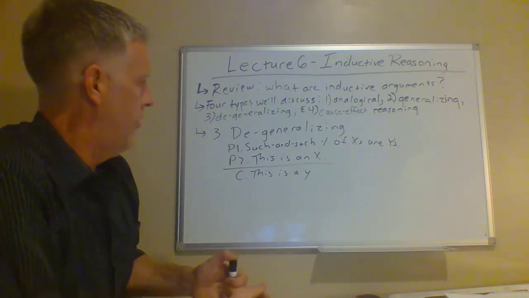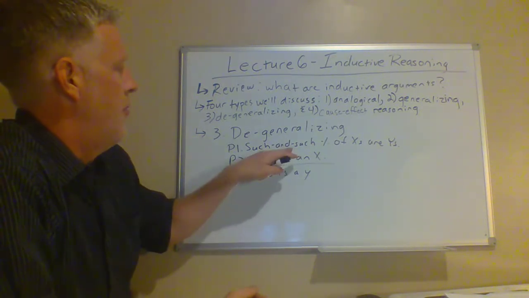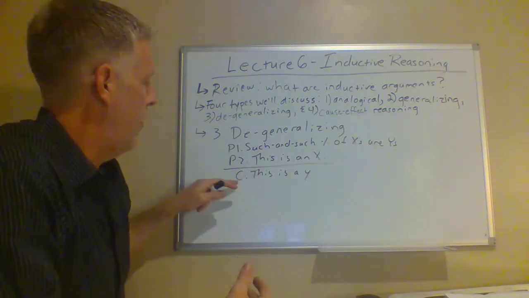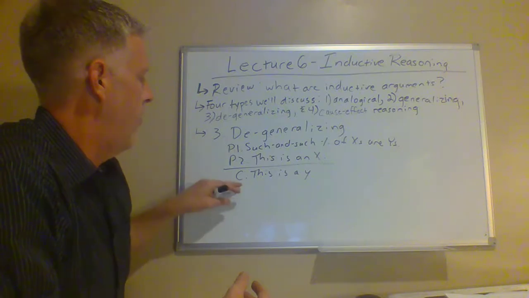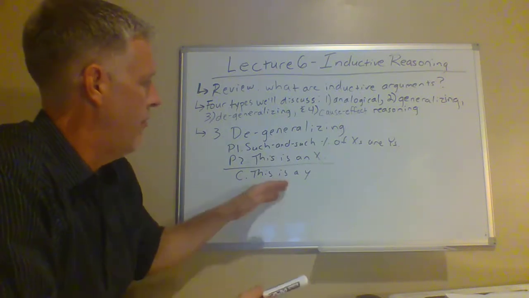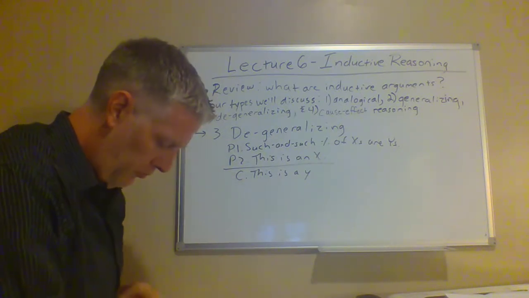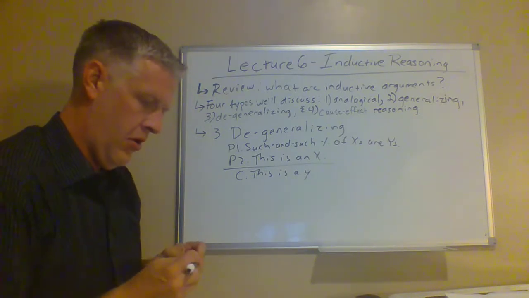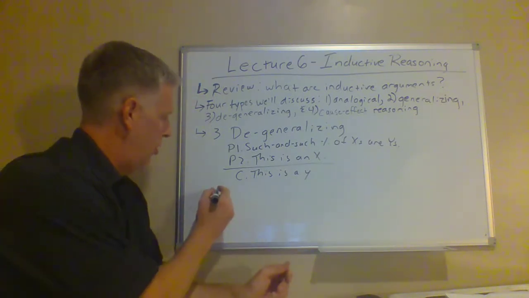So obviously, the more x's that are y, the more likely or the stronger argument this would become for this conclusion, that it's also a y. So let's give an example real quick.